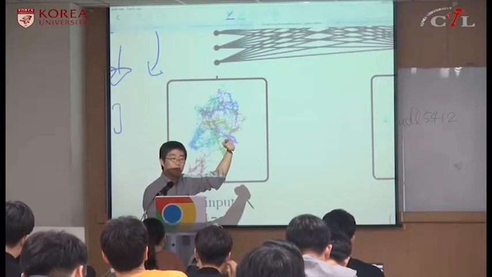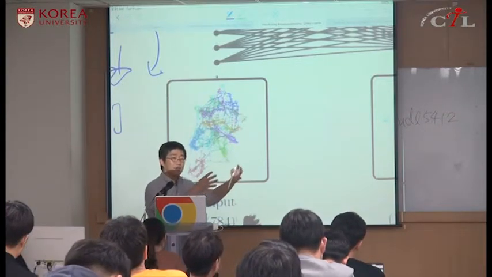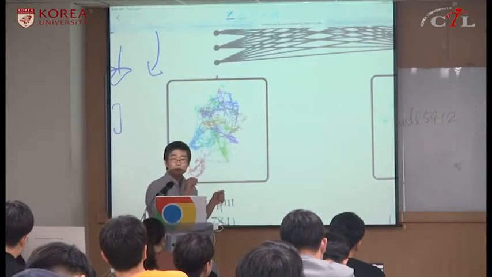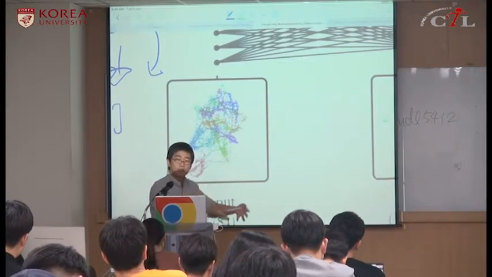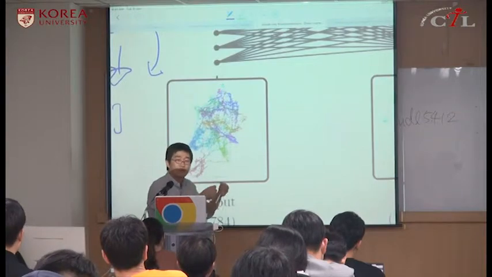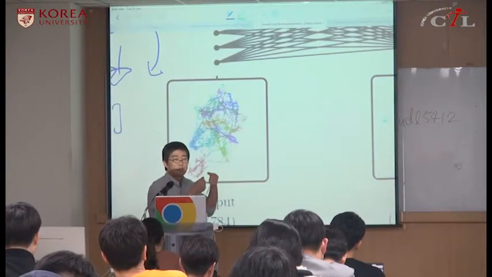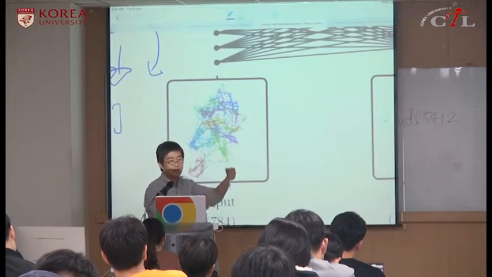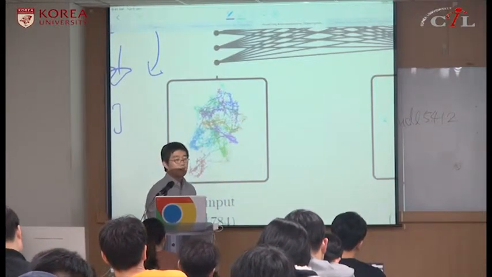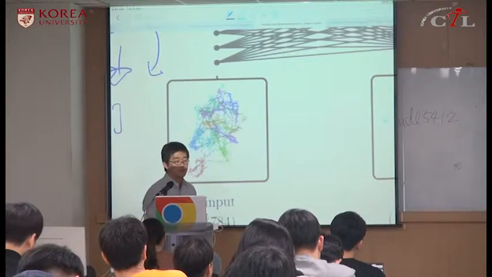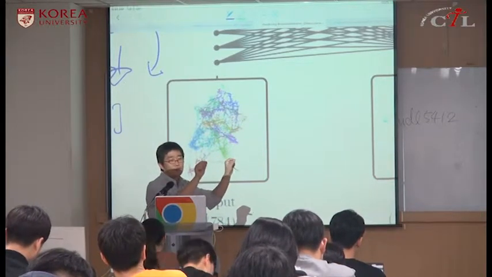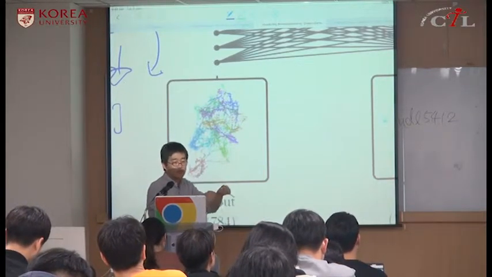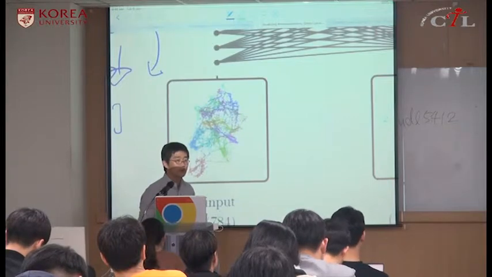Suppose we have 100 different digit images, and we apply dimension reduction to maximally preserve their pairwise distances. If they are close in the 784 dimensional space, we place them closely in the 2-dimensional space, and if they are far apart in the 784 dimensional space, we also put them far apart in the 2-dimensional space.